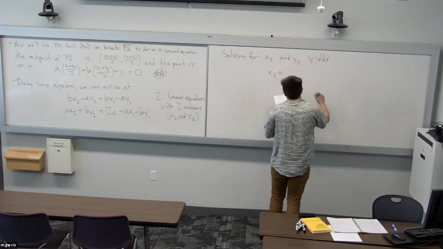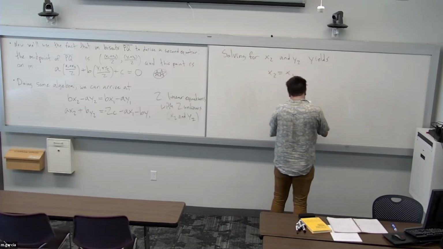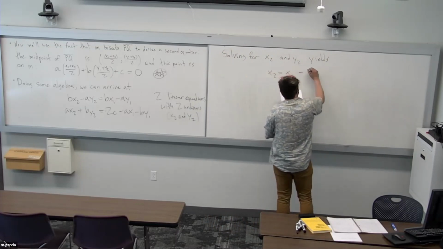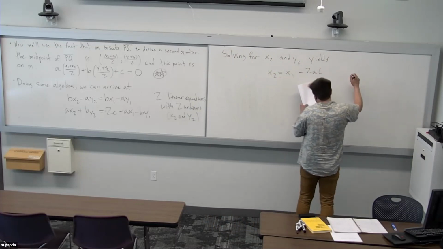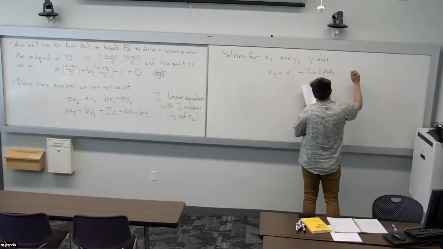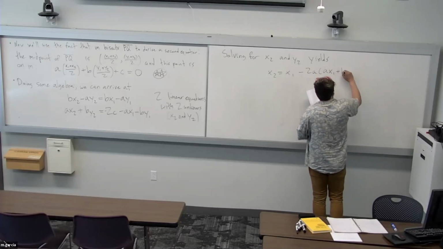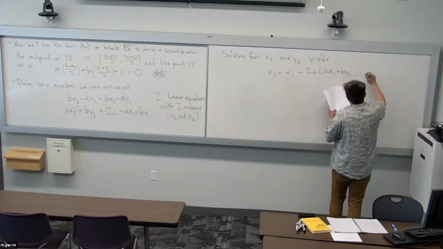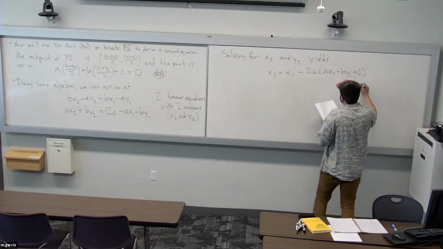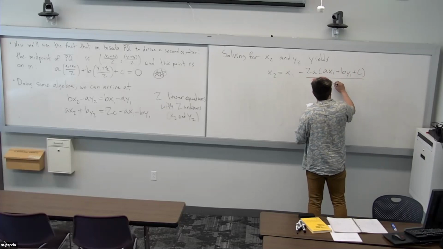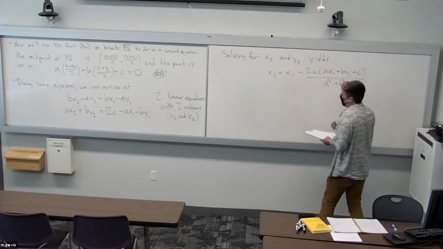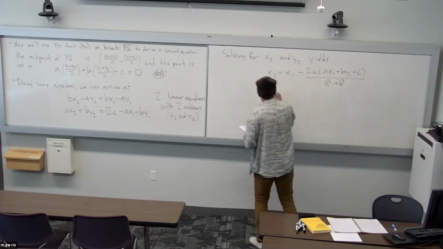X2 is equal to x1 minus 2a times ax1 plus by1 plus c, all divided by a squared plus b squared, okay?